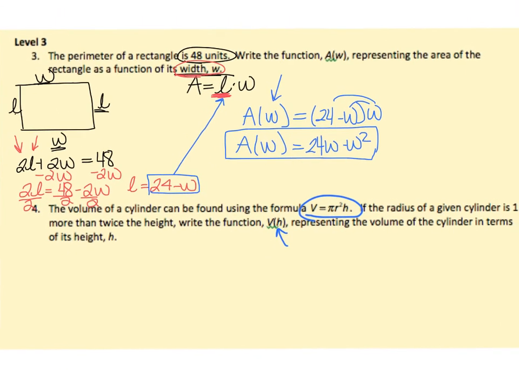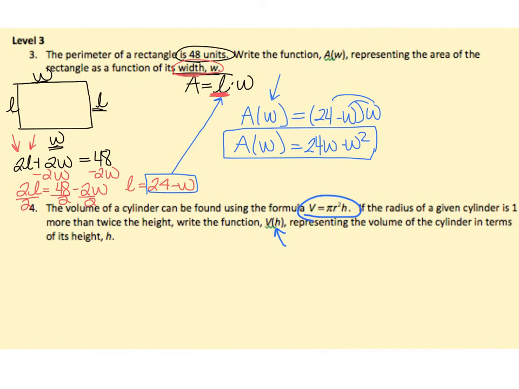So we've got V equals pi r squared h. We only need h's in there, so we need to find something to replace the r with that has a variable h. In the problem it says, if the radius of a given cylinder is 1 more than twice the height. So here's my key.